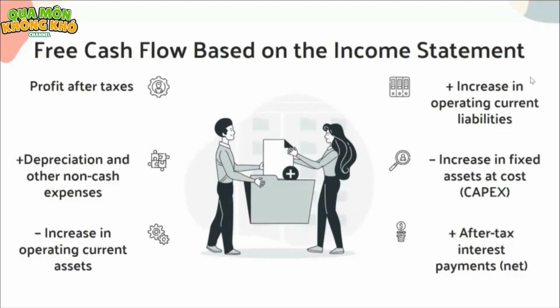And then we subtract the increase in fixed assets, or CapEx. This increase in fixed assets, or long-term productive assets of the company, is a use of cash and reduces the firm's free cash flow. And finally, we will add the after-tax interest payment. Free cash flow is an attempt to measure the cash produced by the business activities of the firm.